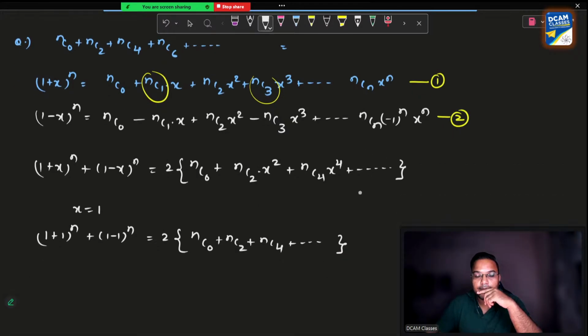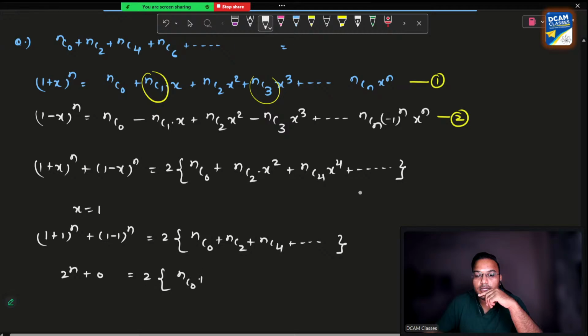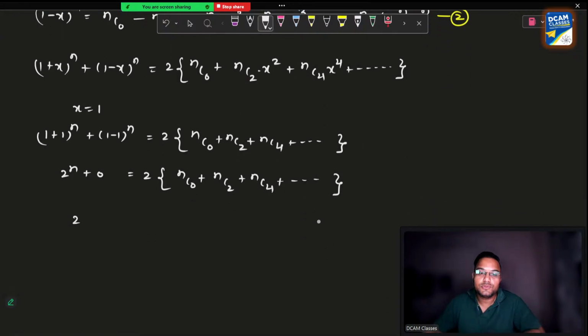Correct? It will be 2 power n. This is 0 power n, so it will be 0. So 2 power n is equal to 2 into (nC0 plus nC2 plus nC4 plus and so on). This becomes 2 power n divided by 2. This is our answer.